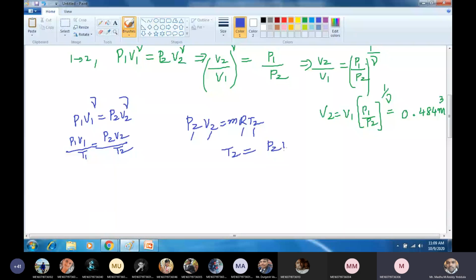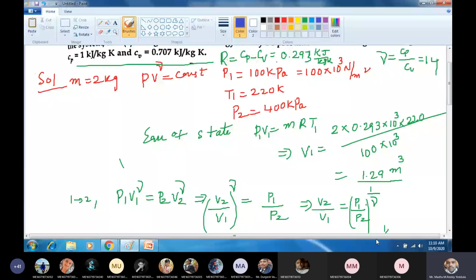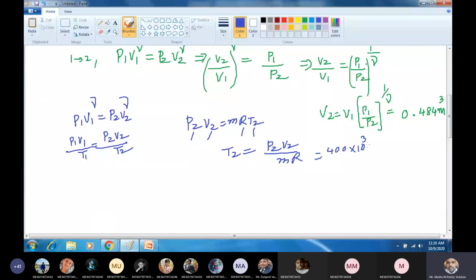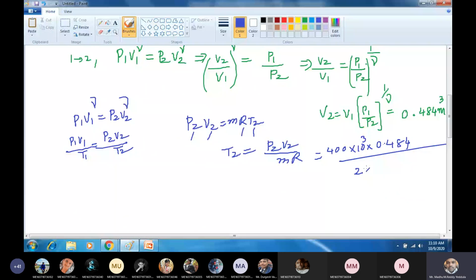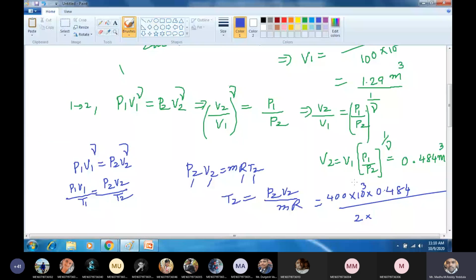Can I write like this? Instead of using these two equations, I can. Now P2 is 400 kilopascal and P1 is 100 kilopascal. So P2 is 400 into 10 power 3 Newton per meter square, into V2, which we just found as 0.484 meter cube, divided by mass 2 kg, and R value 0.293 into 10 power 3.